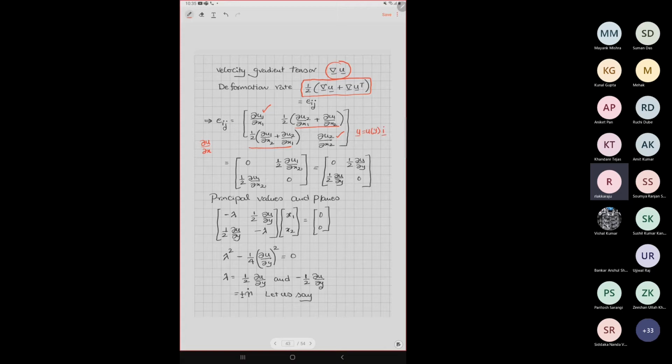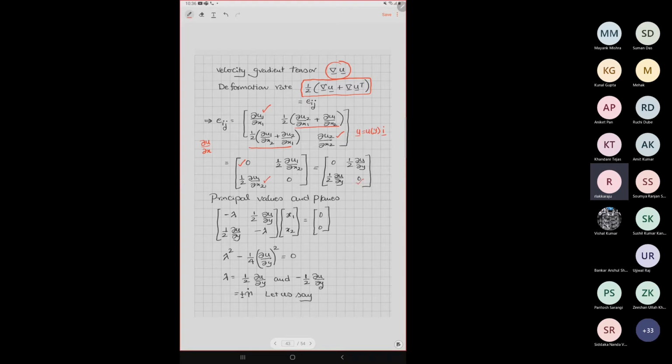So del u by del x is 0, the first component. Half of del u1 by del x2, that means how u varies with respect to y, is half of del u by del y. Similarly, this one repeats, half of del u by del y. The third component is del u2 by del x2, that is del v by del y, which is 0.